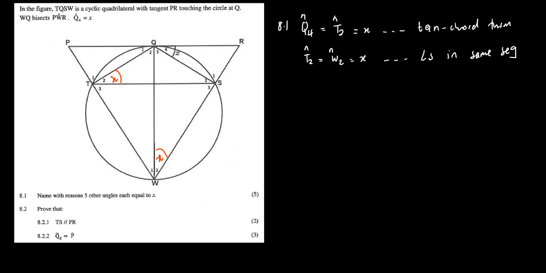Between which one and which one? Which triangles? QWR and PQW. Do we have pairs of angles that are gonna be equal in both?